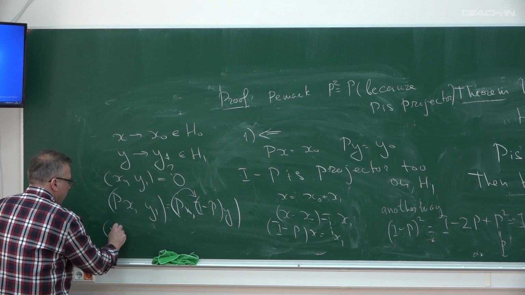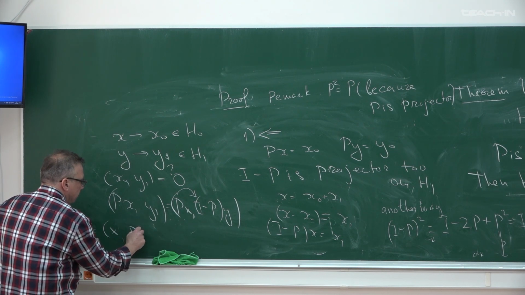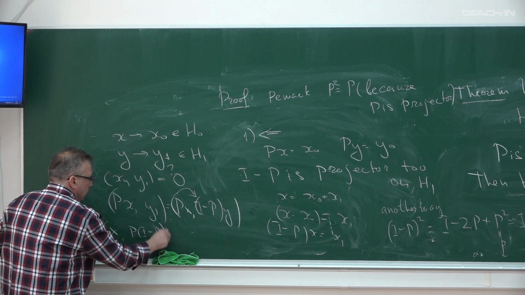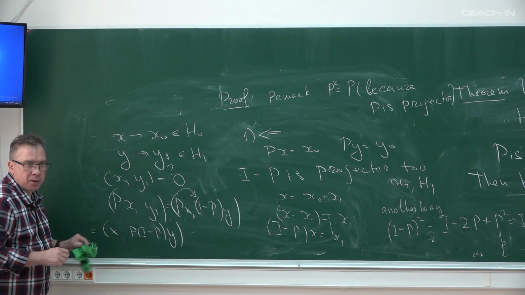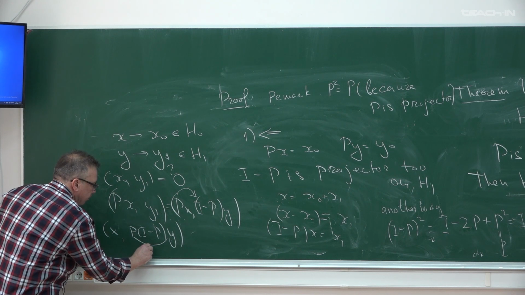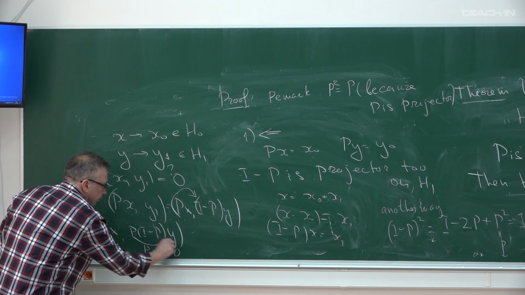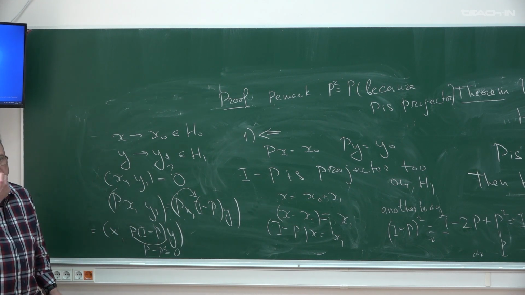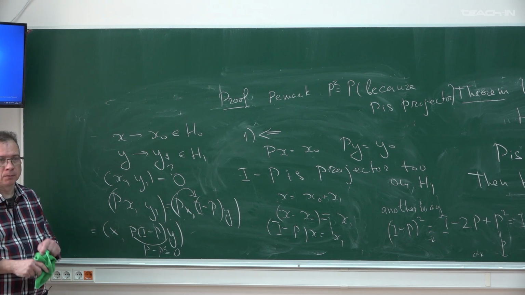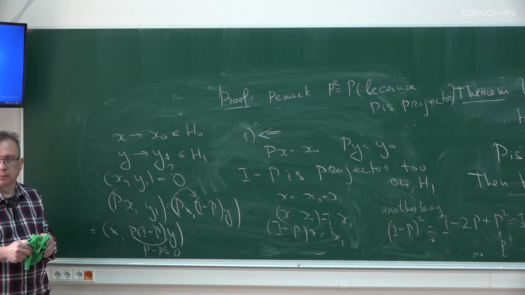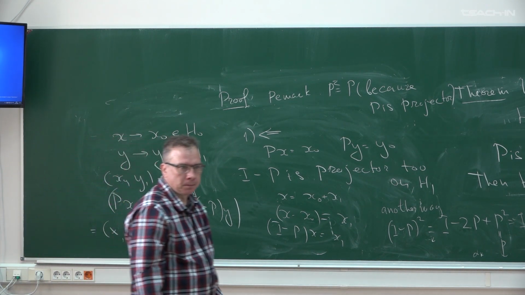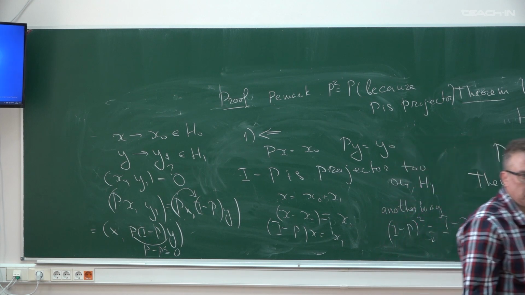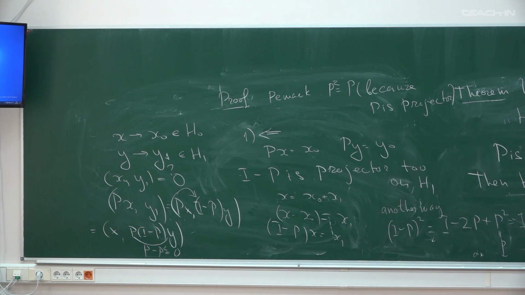So we immediately obtain that it equals this, and if you take away brackets, you see that this is zero. That's all. So self-adjointness gives us orthogonality. It's clear, so okay, good.